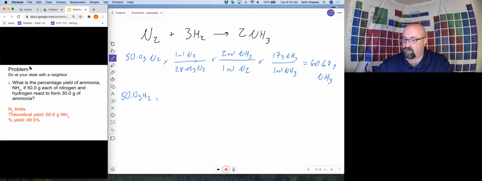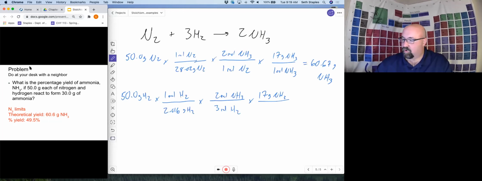Now let's do the same calculation, but instead based on starting with 50.0 grams of H2. We're going to convert H2 to moles. 1 mole of H2 to every 2.016 grams of H2. We create 2 moles of NH3 per every 3 moles of H2, just from our balanced chemical equation.